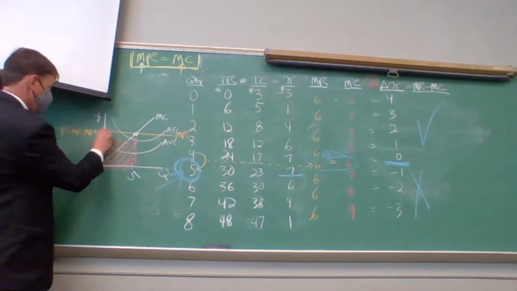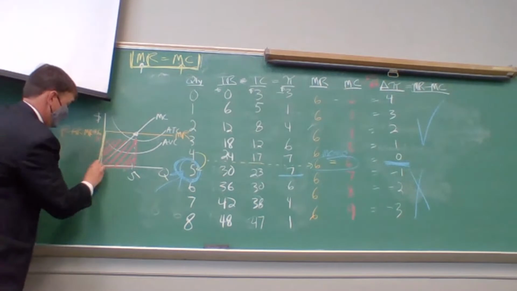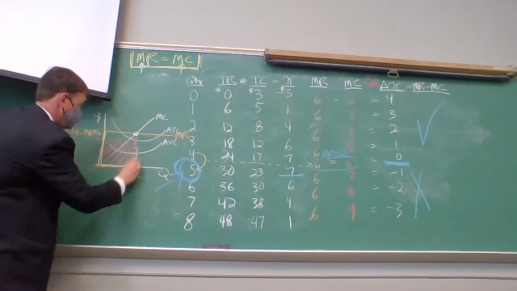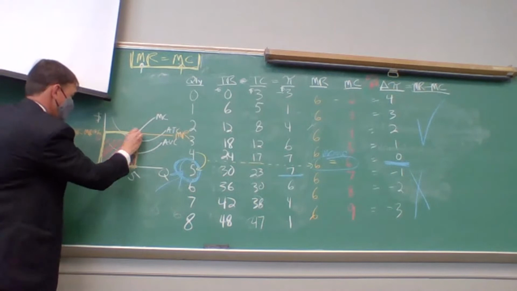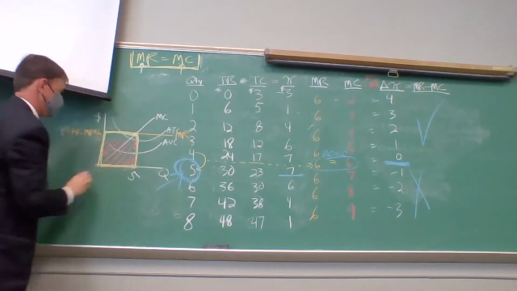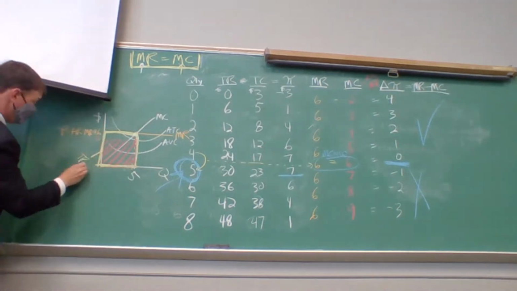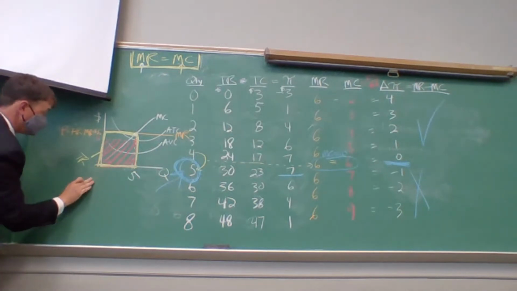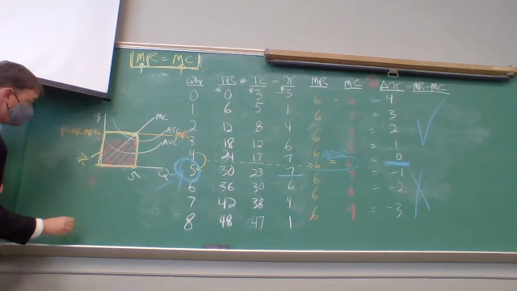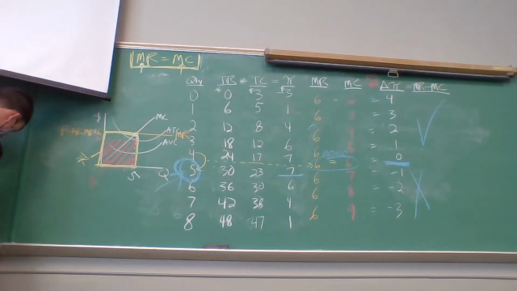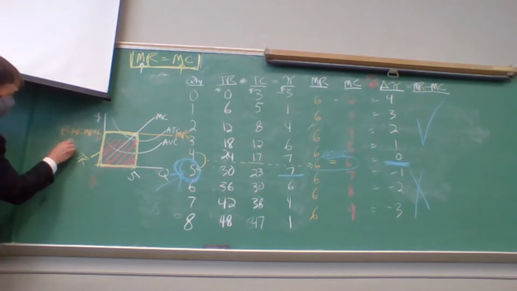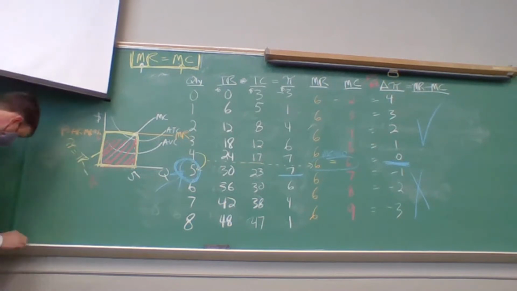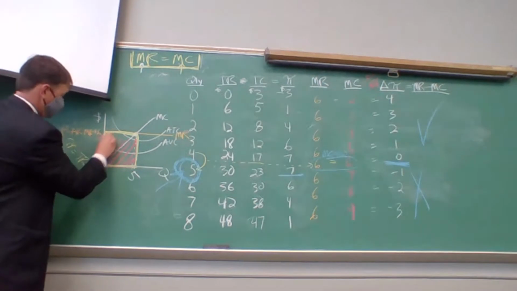What's this box right here? Total revenue. So the red box is total cost, and the green box is total revenue. We know that profit equals total revenue minus total cost. Then, my friends, what's this right here?